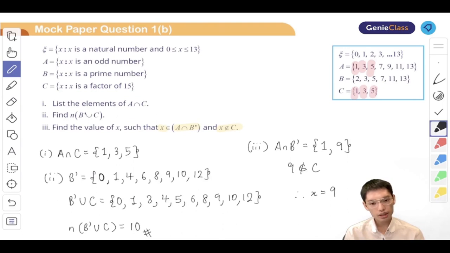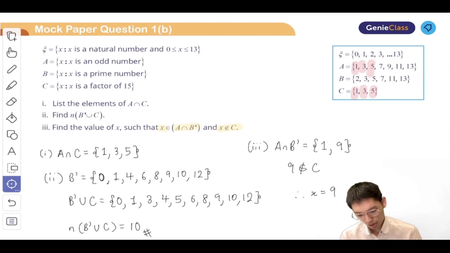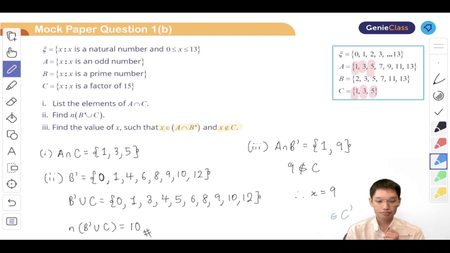It makes sense. What you mean is you want to just write... Oh, okay. I think I get what you mean. So you mean that we can just write in this manner. Is that correct? Okay, just clarify with me. I hope I'm not blocking my handwriting.